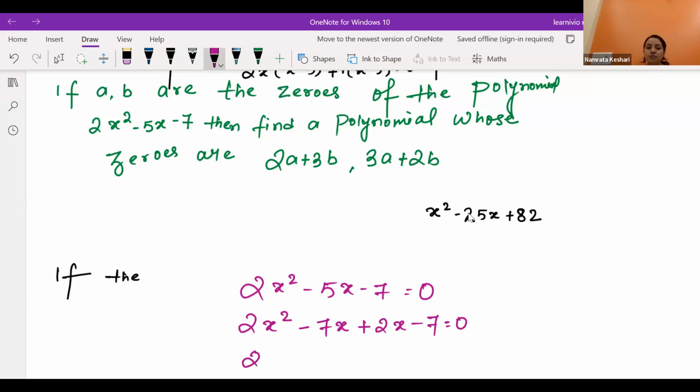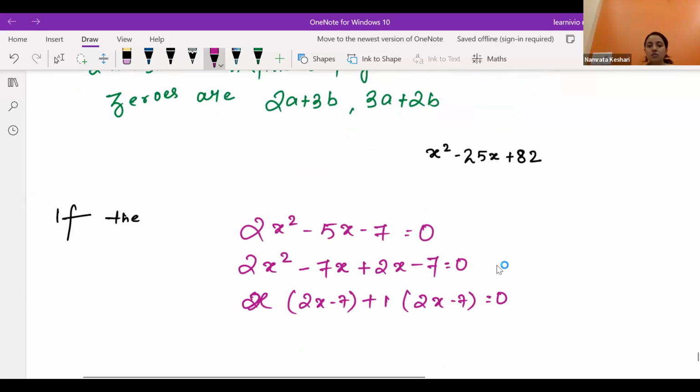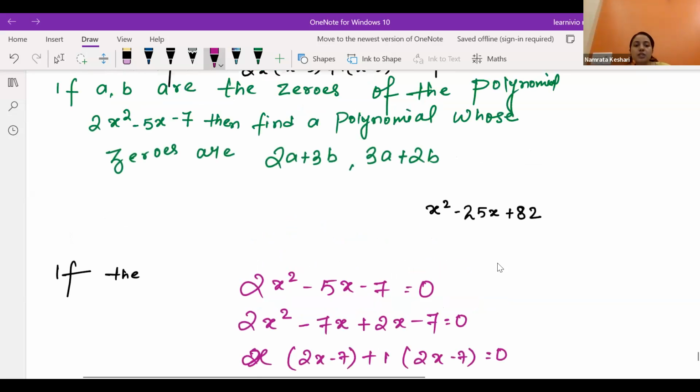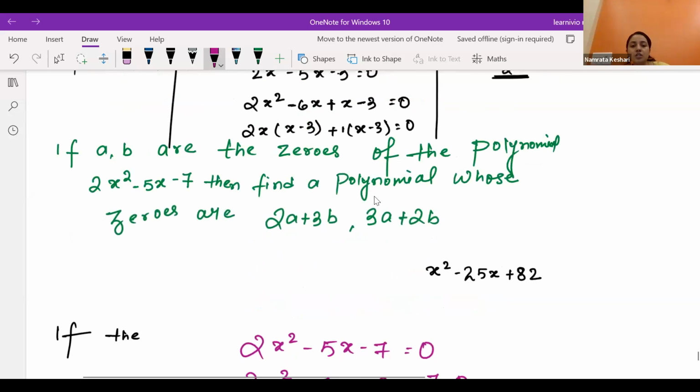We take x common and we are left with 2x minus 7. We take just 1 common and we are left with 2x minus 7. So the zeros we are getting, x is 7 by 2 and minus 1.